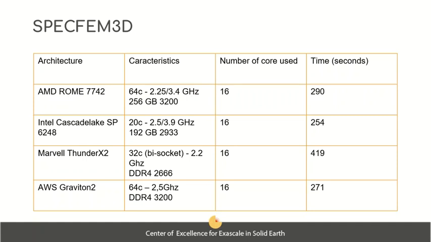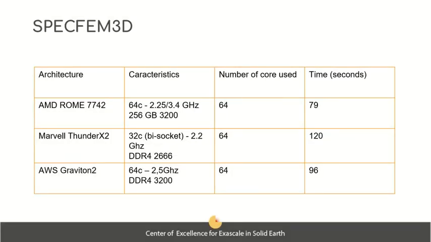But when you look at the AWS Graviton 2, you see that this processor, which is a server-oriented processor, also gives good results on our mini application compared to AMD and Intel.